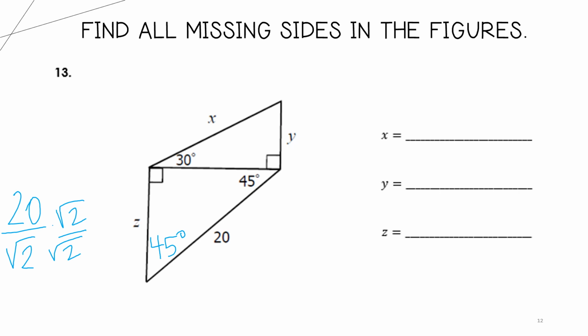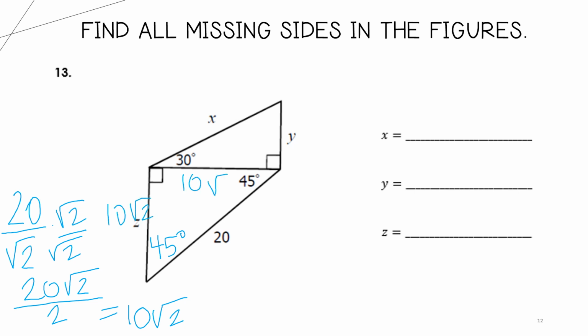You're going to multiply both numerator and denominator by root 2 over root 2 because that's the same thing as 1. You get 20 root 2 over root 4, but root 4 is 2, and then 20 divided by 2 is 10. So this becomes 10 root 2. So both of the legs in the 45, 45, 90 are 10 root 2. So we have z.